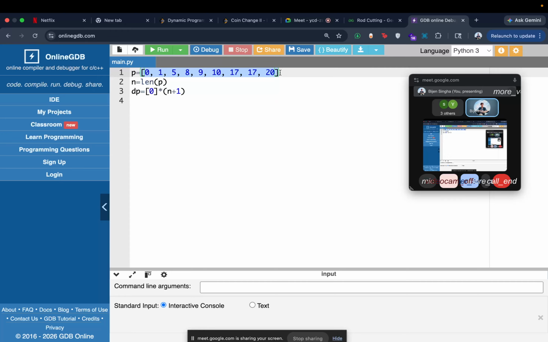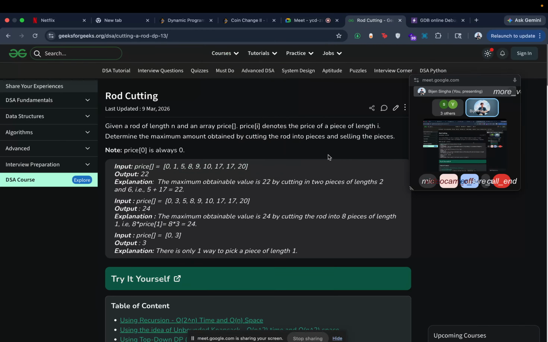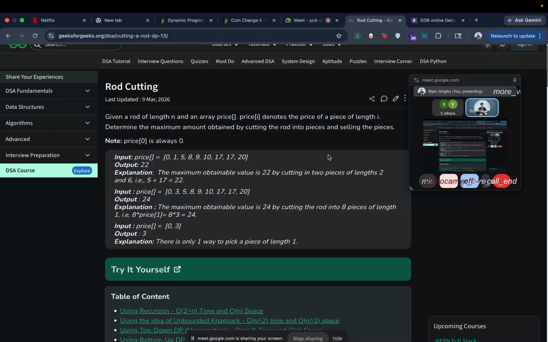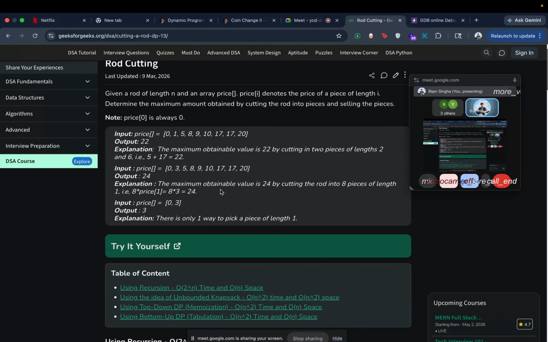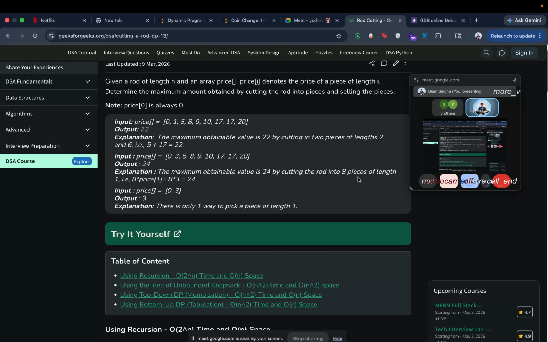Now here what they are asking, eight plus 1, is it given anything? 8 pieces of length, right? 8 plus 1, 9.